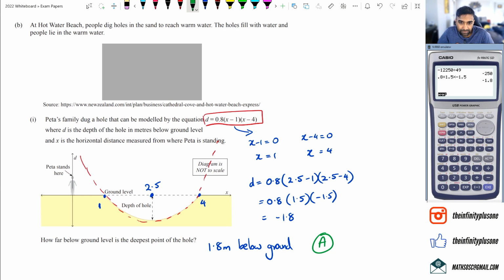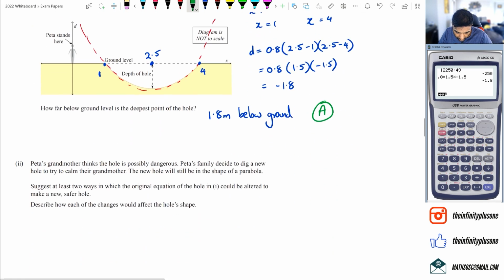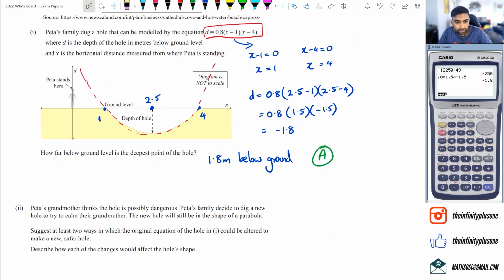And the key thing is having a look at the equation and the diagram that's been given, and you just work from there. All right, so the second part of this question is we've actually got two ways in which the original equation could be altered to make a safer hole.